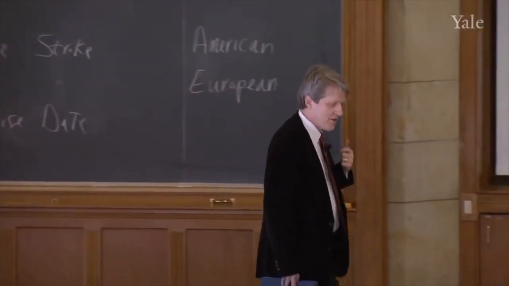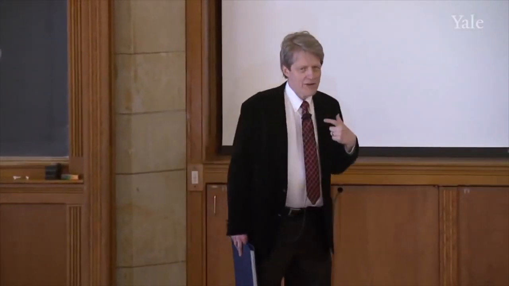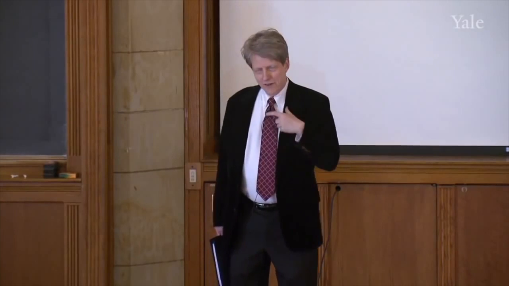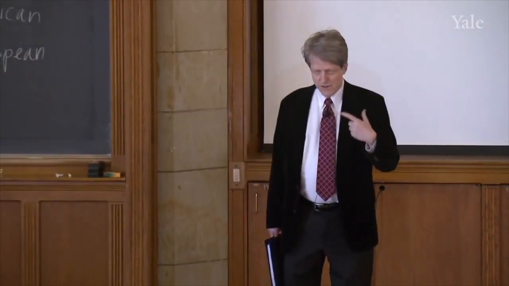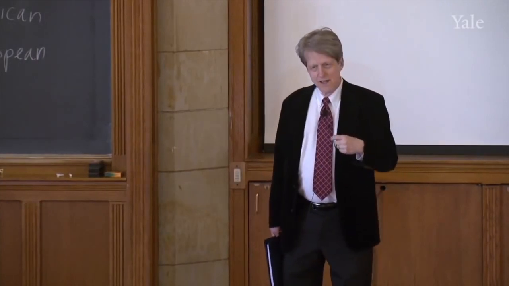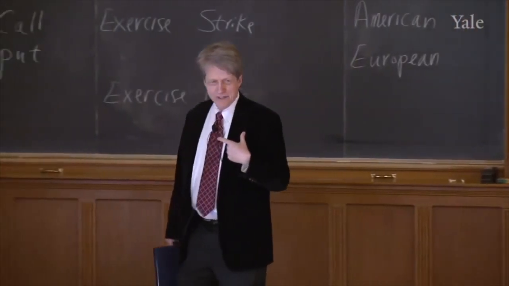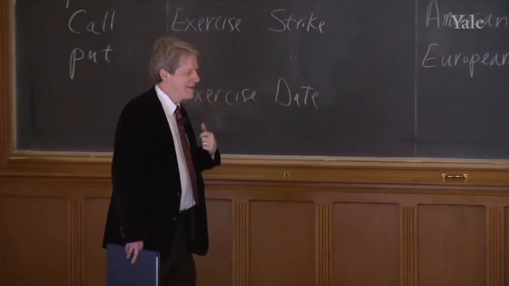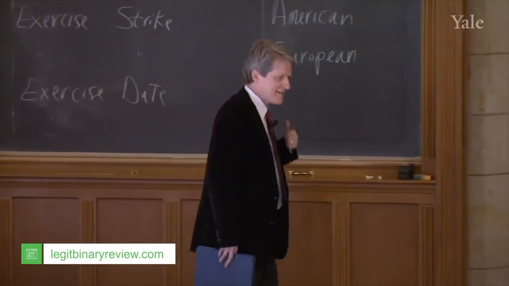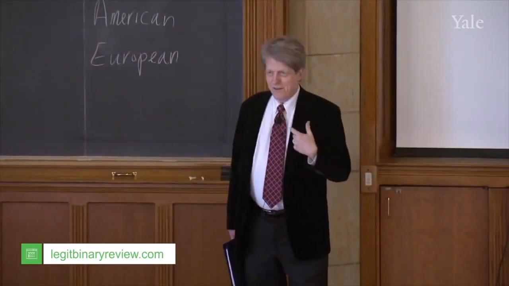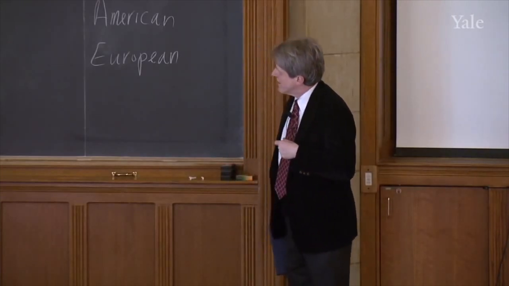Mortgages: an ordinary home mortgage has an option characteristic to it, in the sense that if the price of your home drops a lot, you can just walk away from the mortgage and say, I'm out of here. It's like not exercising an option. It's analogous. Or I can choose to prepay a mortgage early, and that's like exercising an option. So option pricing gets into all sorts of things.